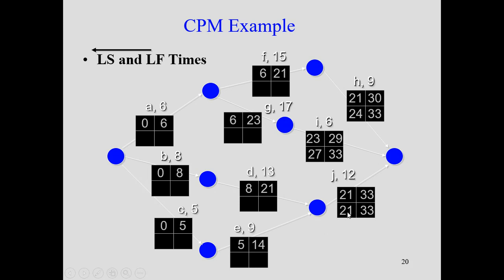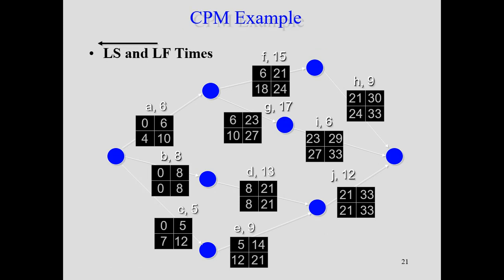Then we'll move to the next. When we go back, we always have to take the minimum number. Out of these 3, we have 24 here, so 24 will be here, and this is 27, so 27 will be here. This is 21, so we'll have 21 here.